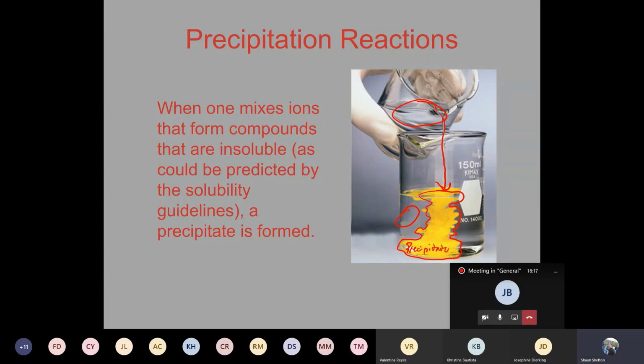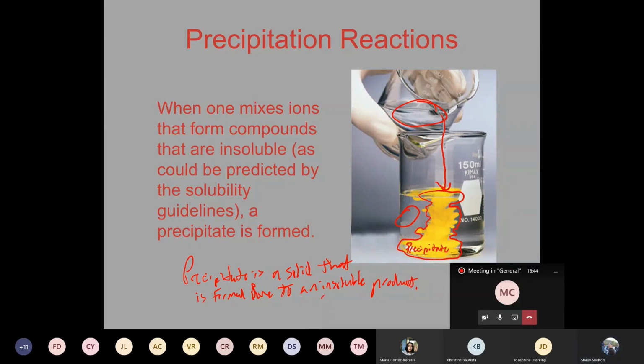And what a precipitate is, a solid that is formed due to an insoluble product. All right.